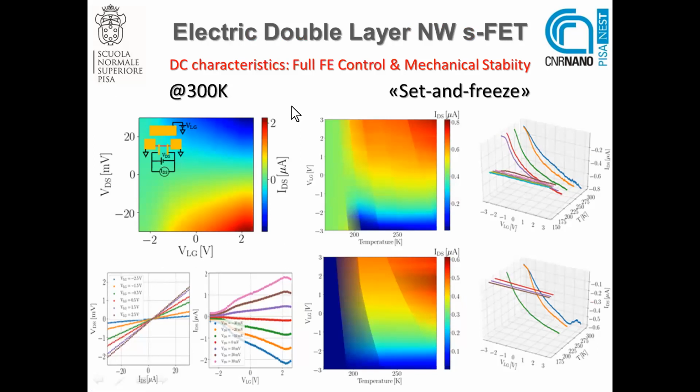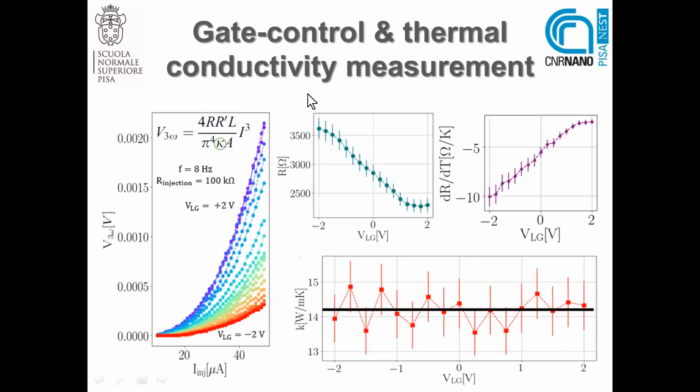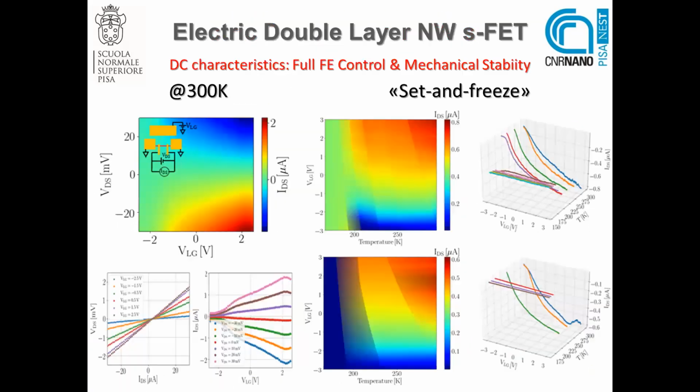And at the time, what we did was taking our nanowire device and applying a number of cycles of cooling and heating. So we measure the device in a set and freeze mode, not just to precisely characterize the electrical response, but most importantly, in this case, for this kind of application, to be sure about the mechanical stability.